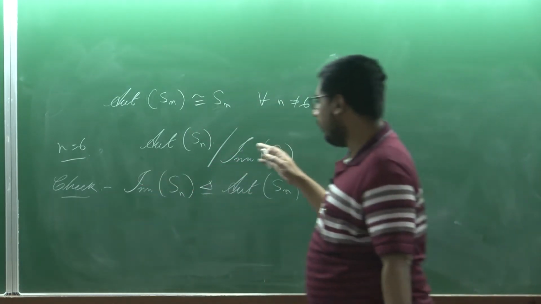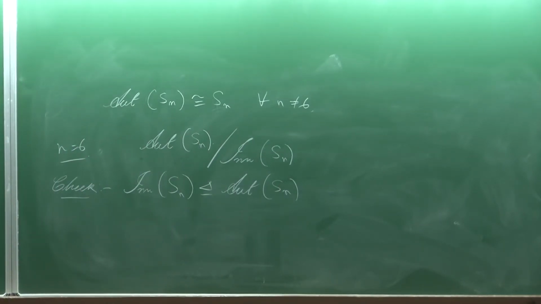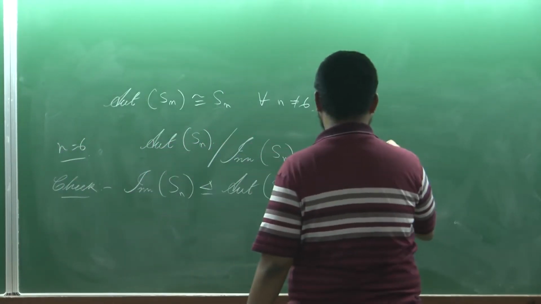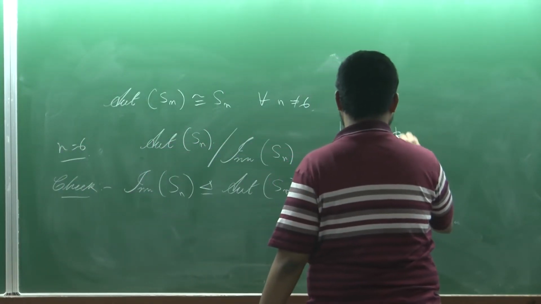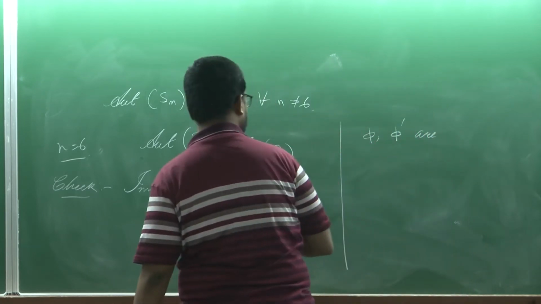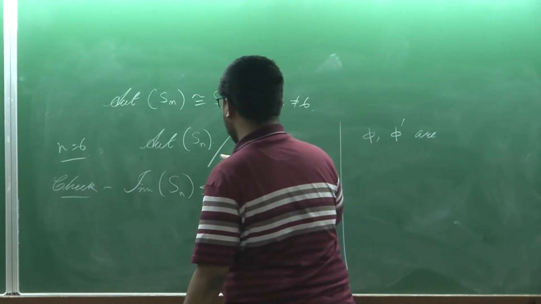Now, what can we say about this group? That is also quite obvious. Suppose phi and phi prime are two automorphisms of S6 which are not inner.